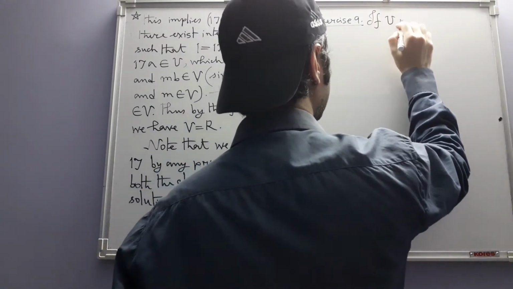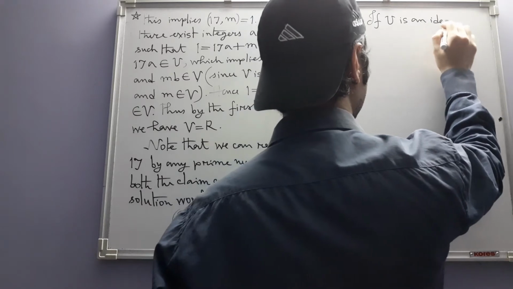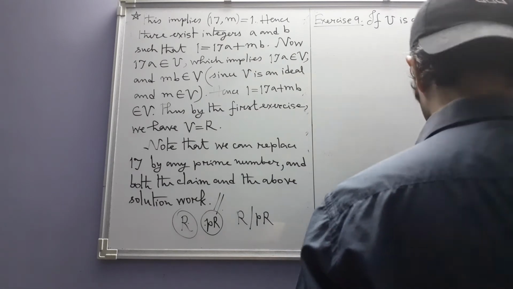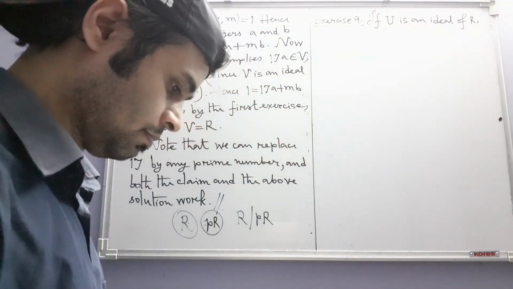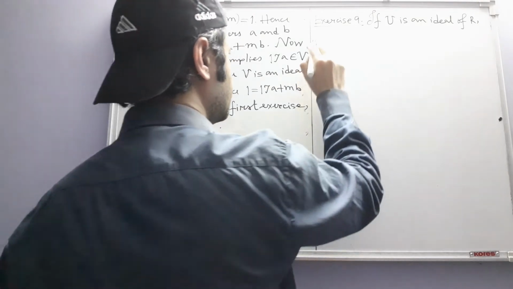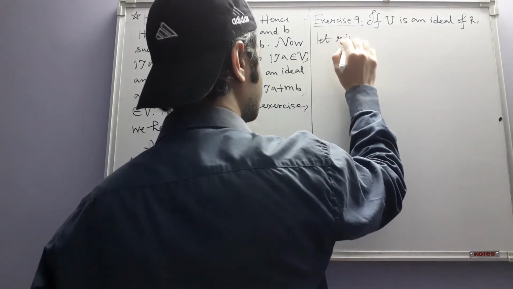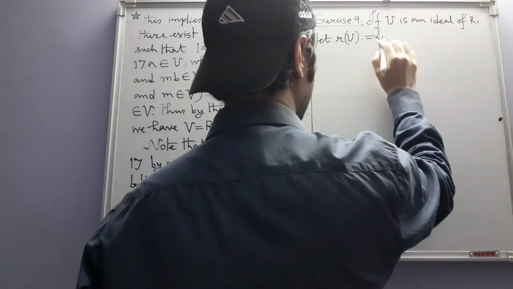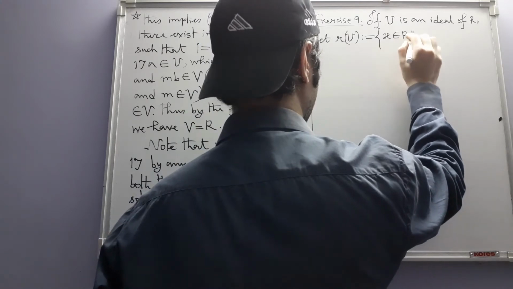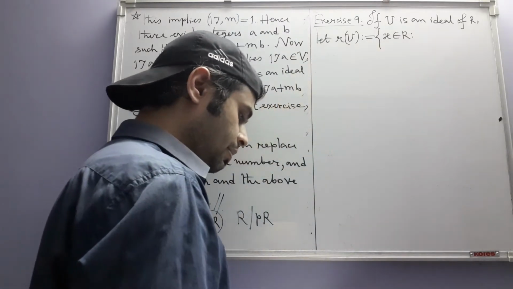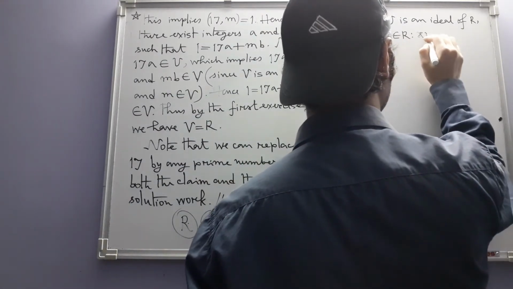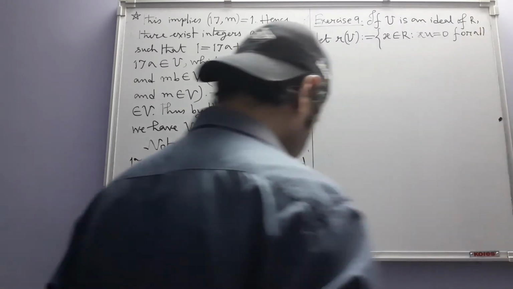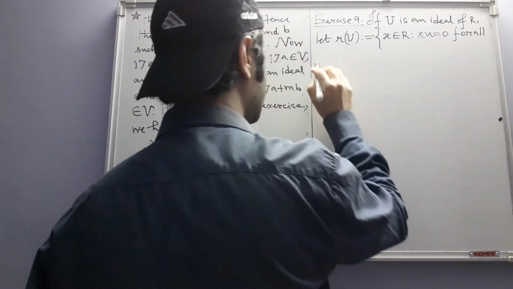If U is an ideal of R, let RU be the set of all elements X in R such that XU is equal to 0 for all U in U.